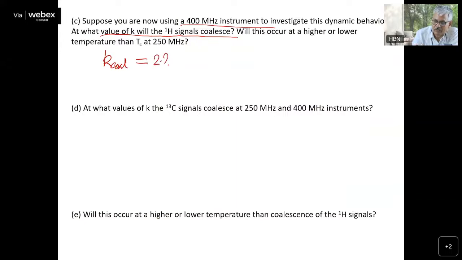We know that 2.22 into del delta 0 is nothing but the chemical shift value difference. And those values, what was the chemical shift values? 2.91 minus 2.74, ppm, into 400.